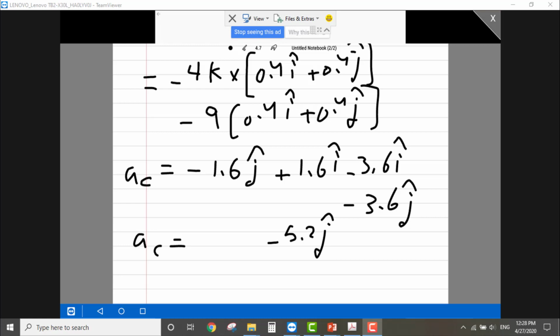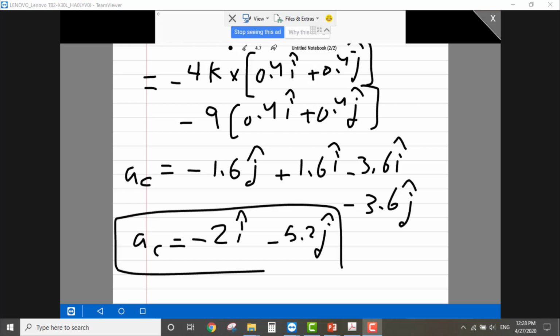And we have 1.6 minus 3.6, so this gives us minus 2 in the I direction. So these are the unknowns for link AC. We have two unknowns, VC and AC, so we can get them easily.